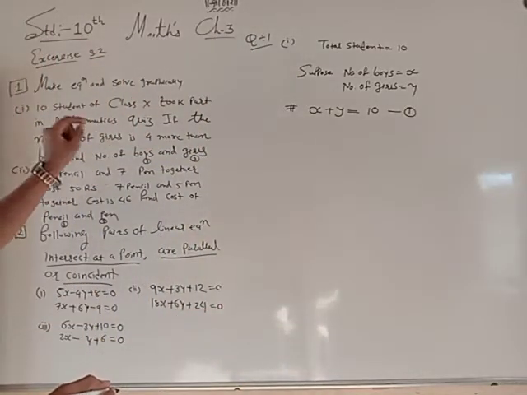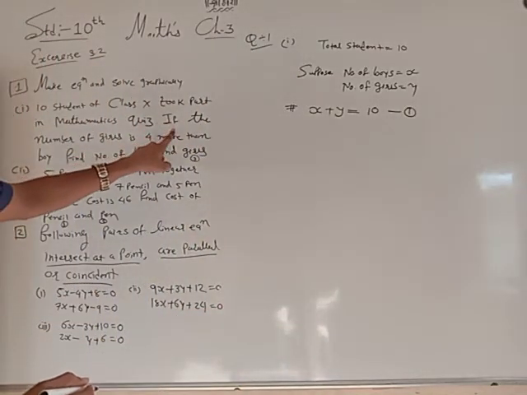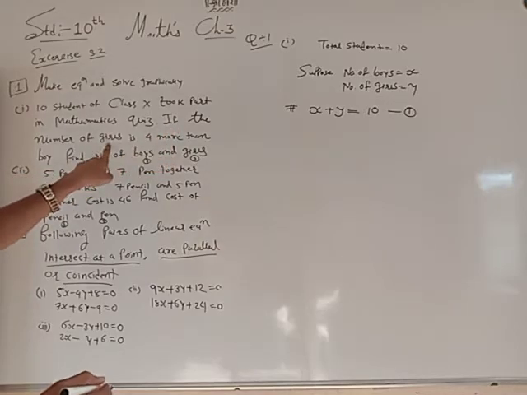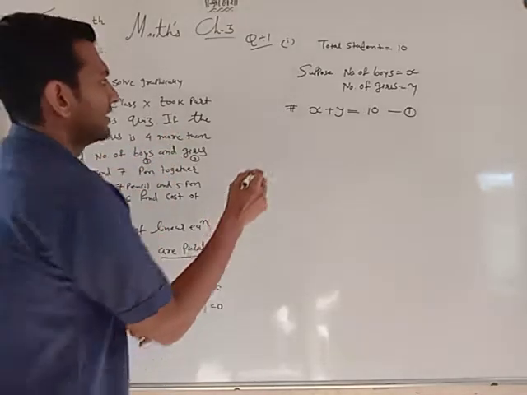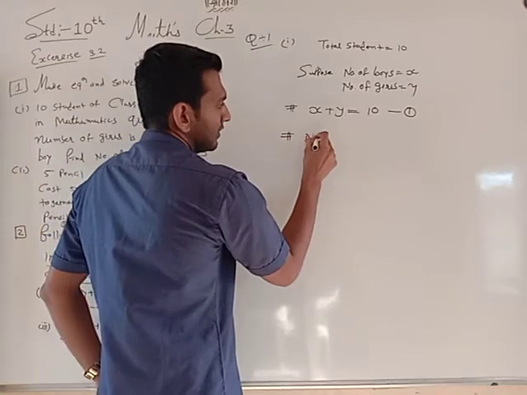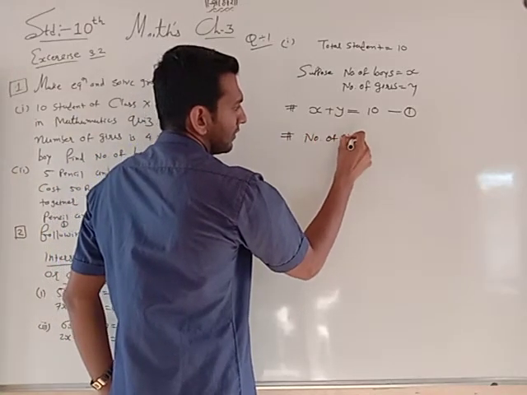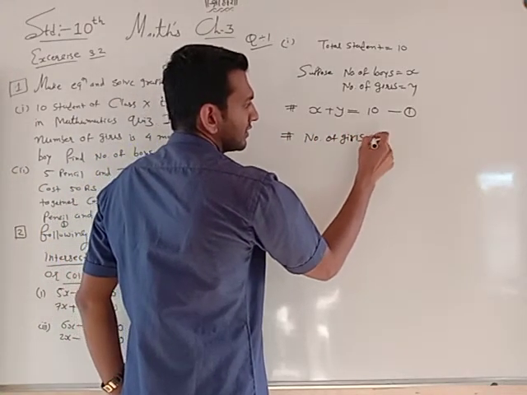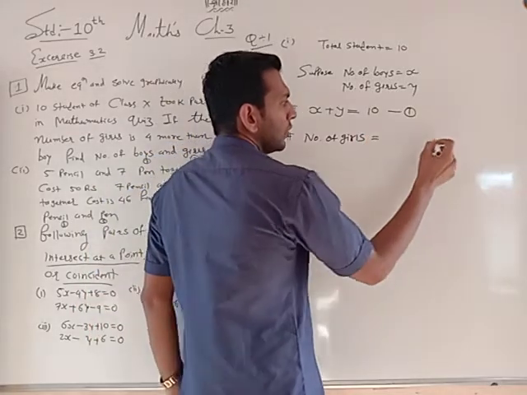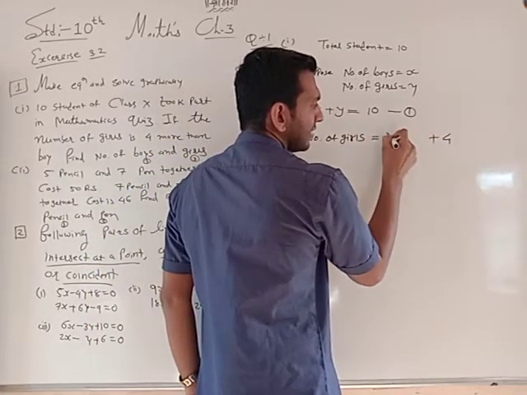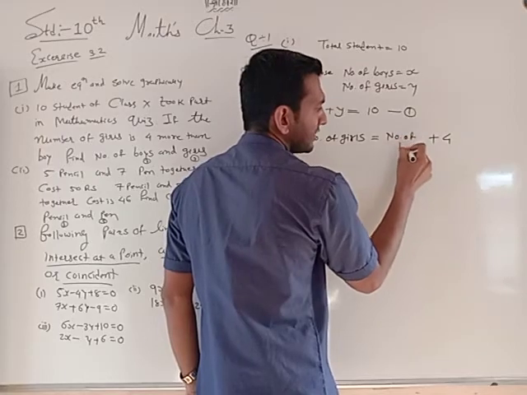Now the second statement: the number of girls is 4 more than the number of boys.